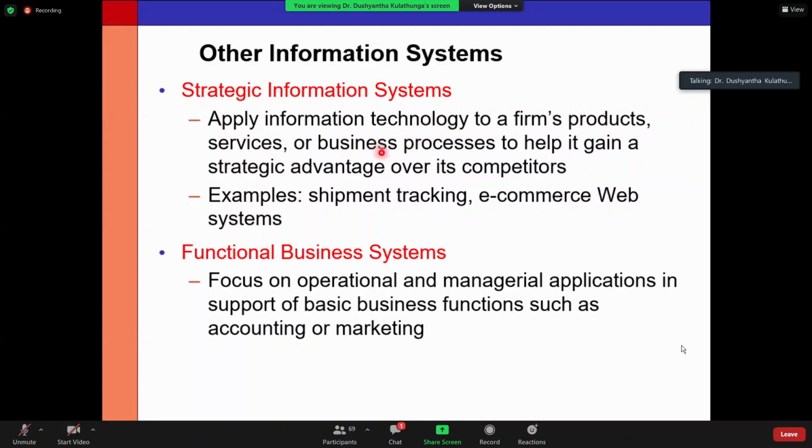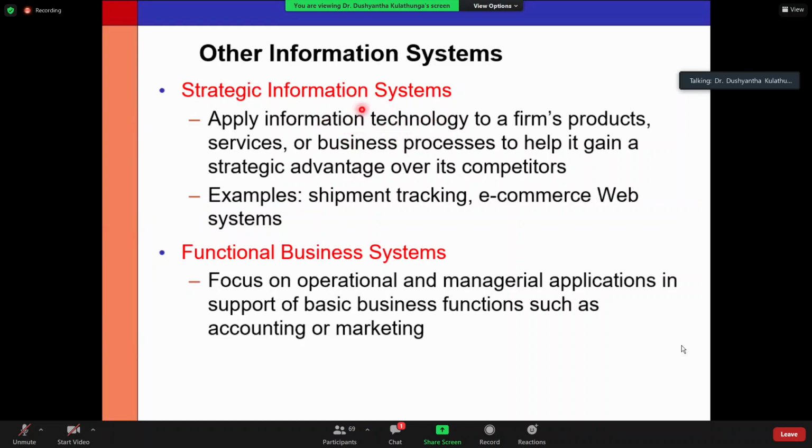But there has to be a strategy for the organization in relation to the products that they produce, the services that they produce, or the business processes that they perform, and so on. So depending on the strategy, you have to determine what you are going to do with information technology.